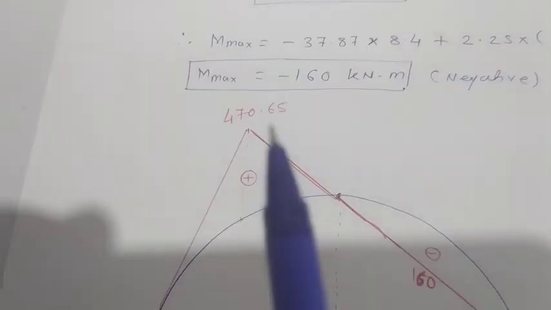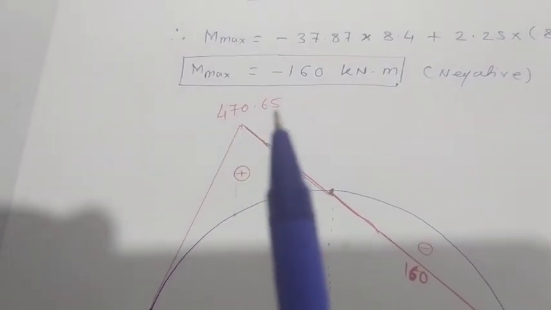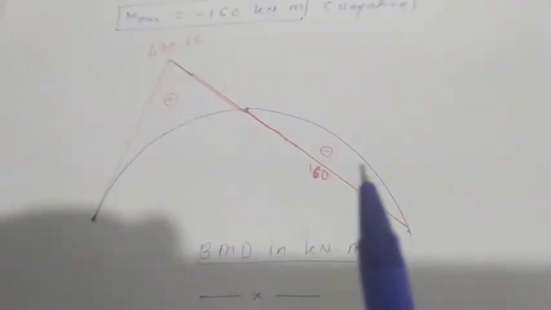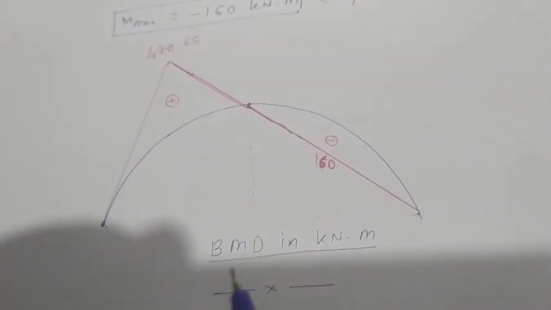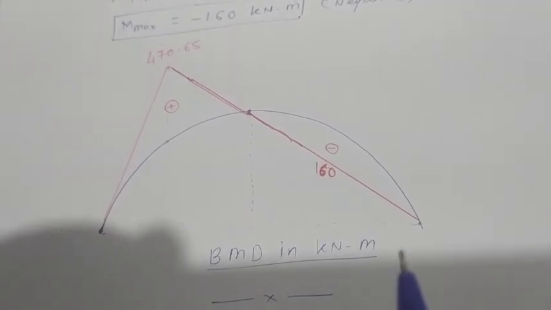You will get this ordinate, that is 470.65. This is our positive bending moment, and this one is our negative bending moment. So this is the bending moment diagram in kilonewton meter.